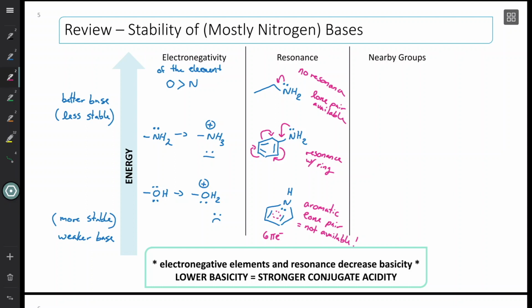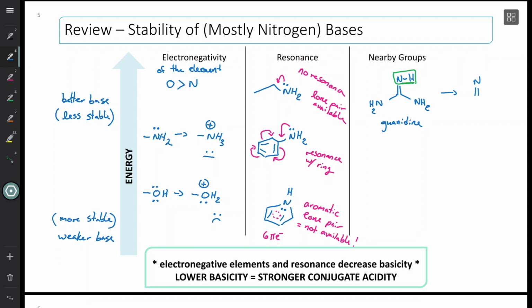Okay, the last thing that could affect your basicity is your nearby groups. So here is, this is guanidine. Now let's look at the basicity here of this nitrogen and hydrogen group.